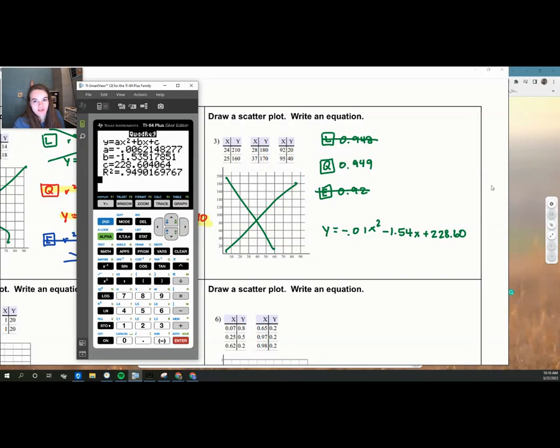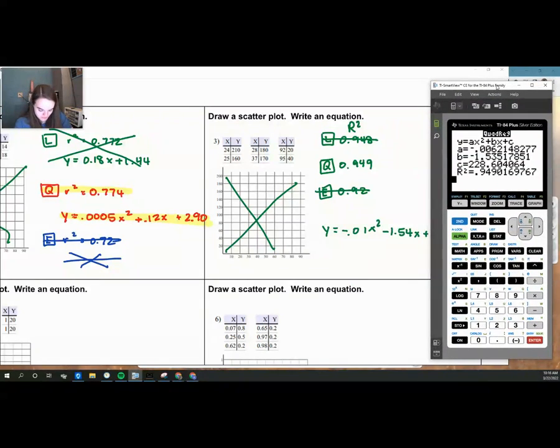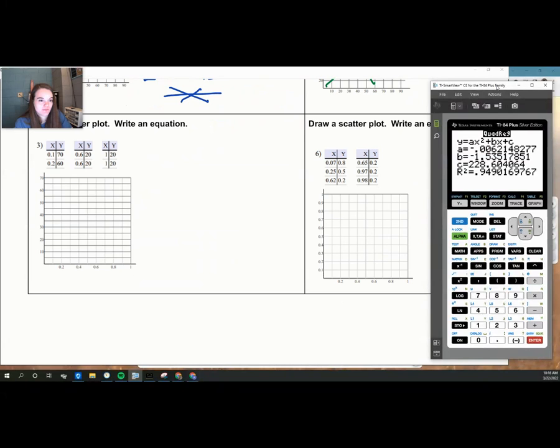All right, I would pause the video, find the R squared value, which is what these are, for each, then determine which it is and write the equation. All right, I'm gonna do that for this one down here.